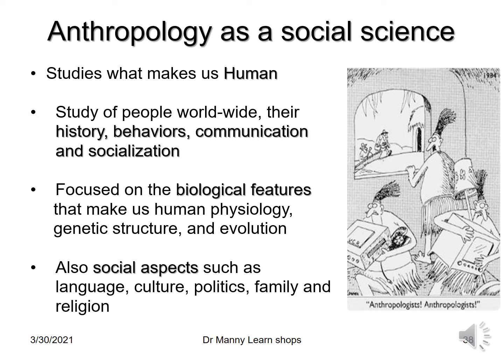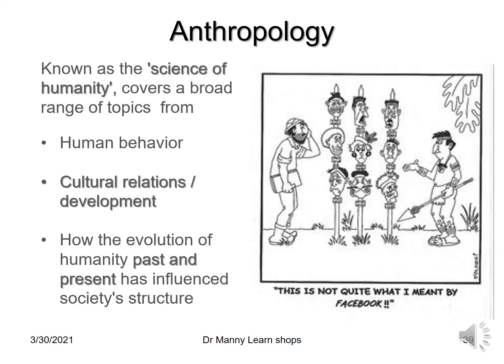And also social aspects such as language, culture, politics, family and religion. Anthropology is known as the science of humanity, and it covers a broad range of topics from human behaviour, specifically cultural relations development, and how the evolution of humanity, past and present, has influenced our current society.